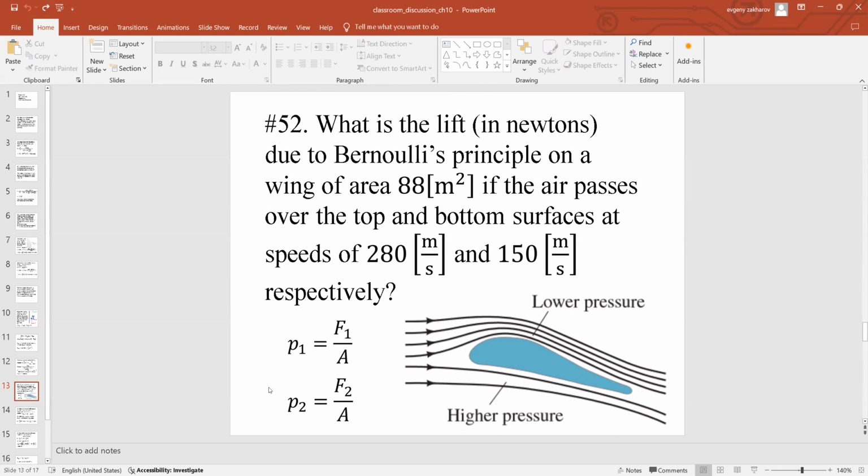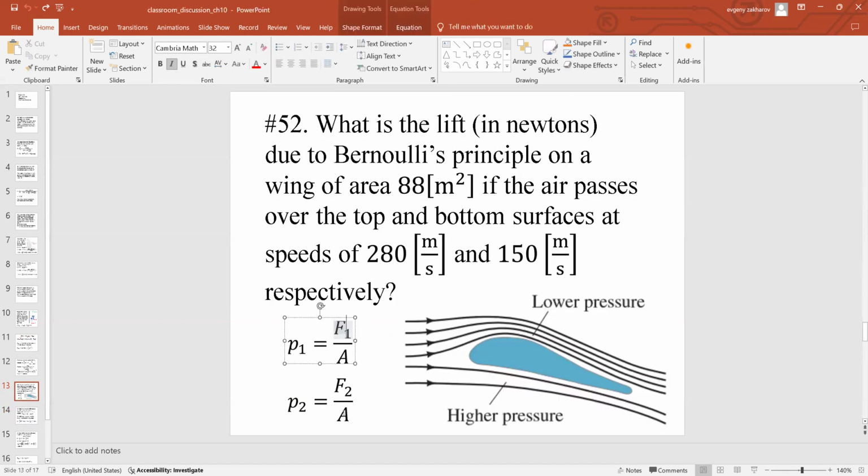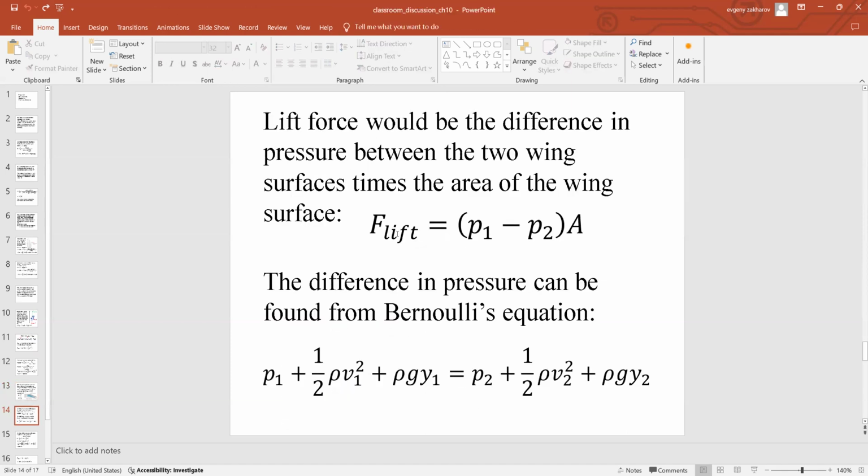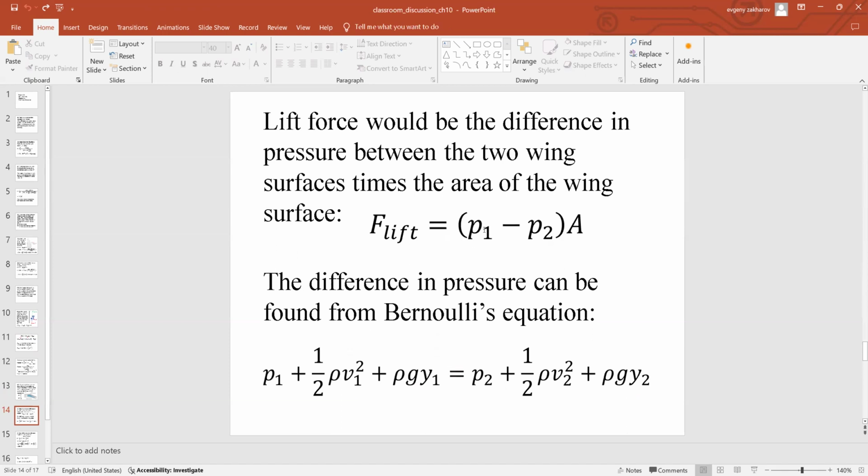The force at the bottom is going to win because of the higher pressure and lower speed. So we solve for the force as the change in pressure times the area, because the area is the same. Force is pressure times area. So the change in pressure times the area creates this uplift force.